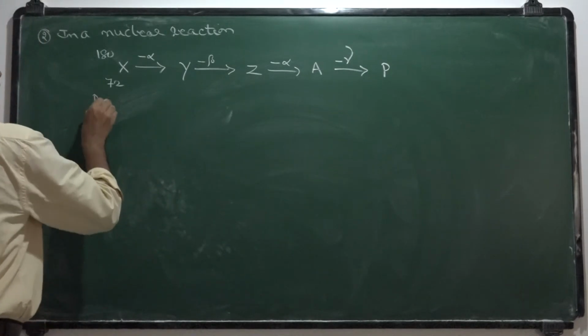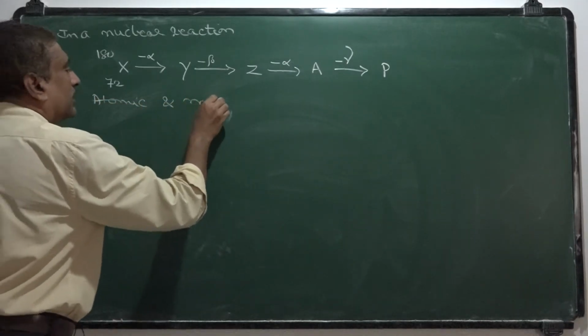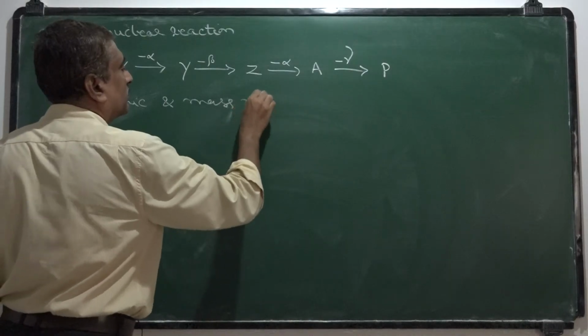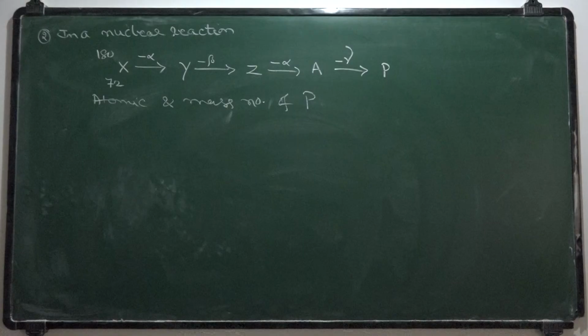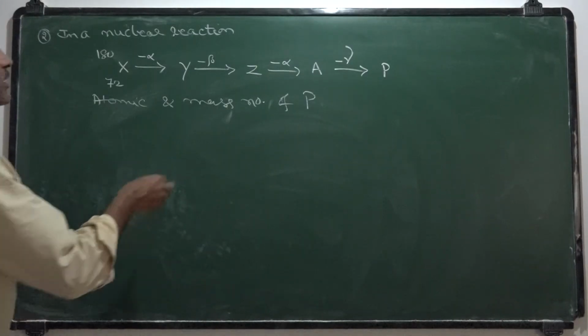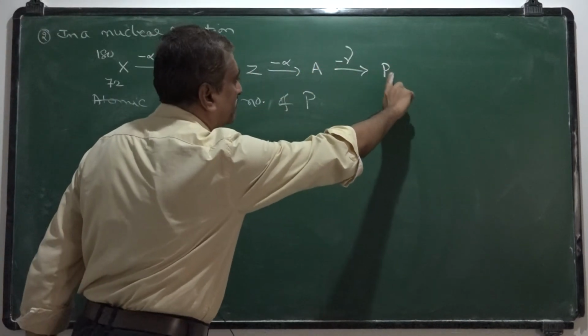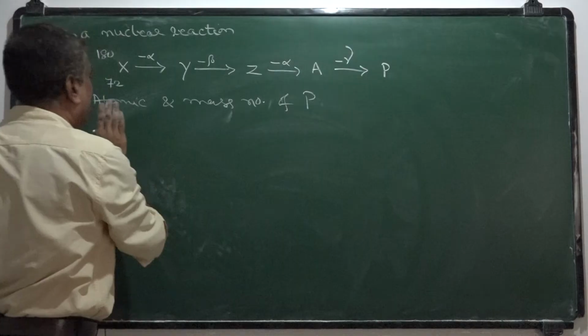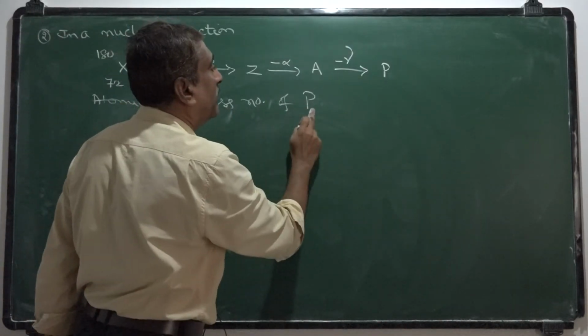So find the atomic and mass numbers of P. This is the given reaction, and the final product is P.